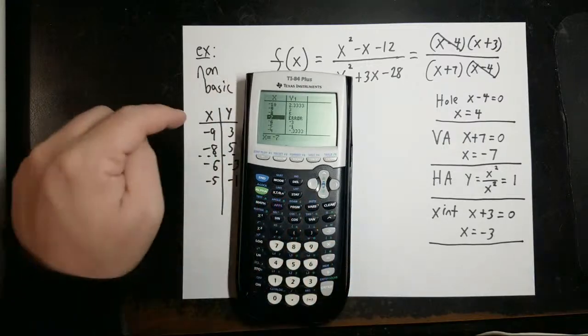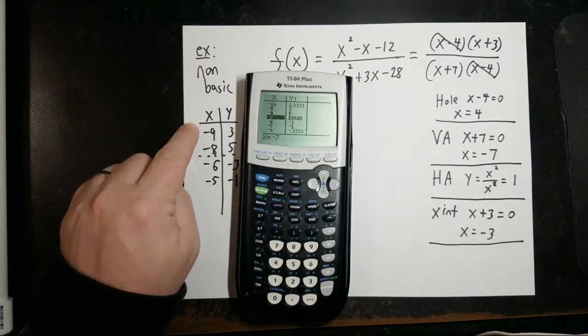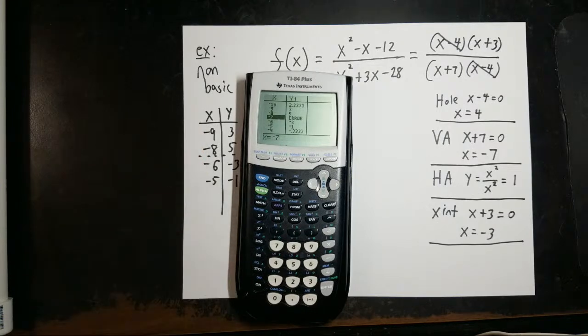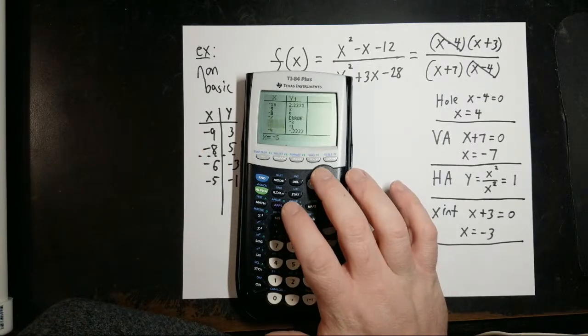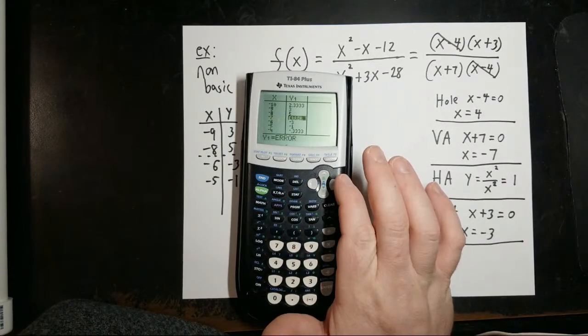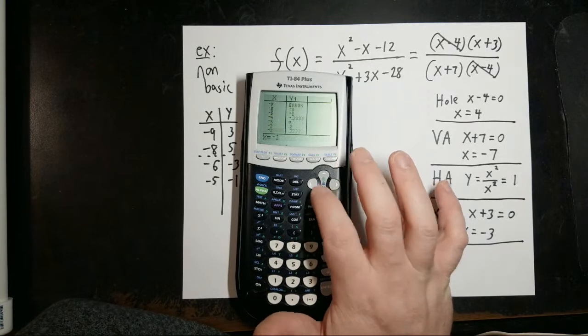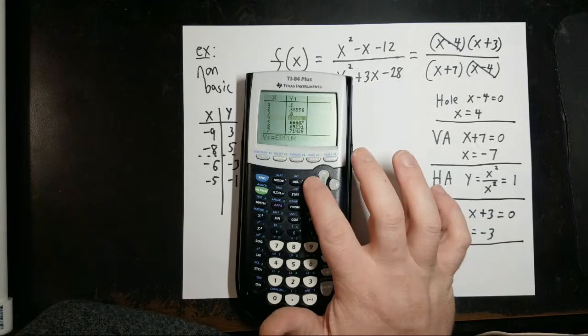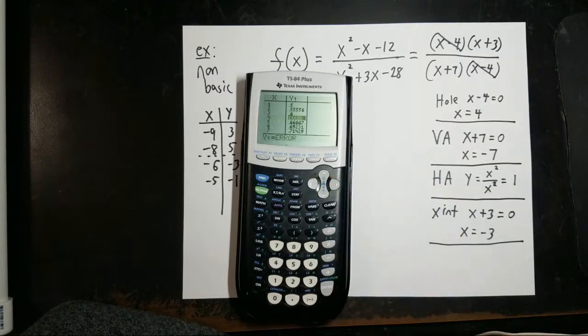Anyway, these are the numbers surrounding my vertical asymptote. Again, a couple to the left, a couple to the right, that's fine. But let's take a look at where the hole occurs. If you notice, there is an error where the vertical asymptote occurs. There is also going to be an error where the hole occurs, and I'll show you that on the graph in a little bit.